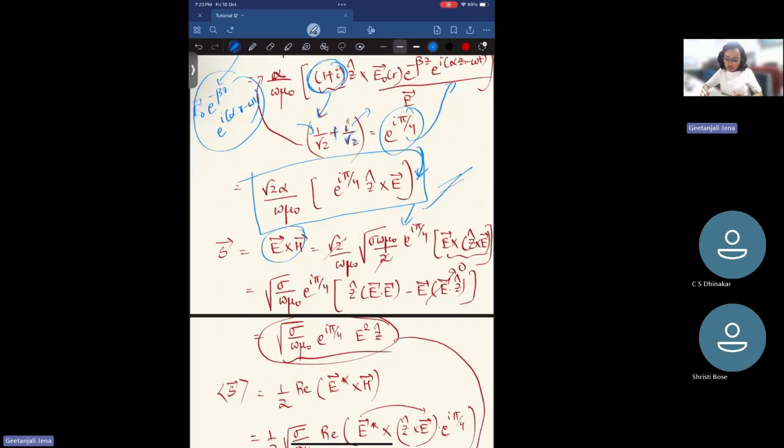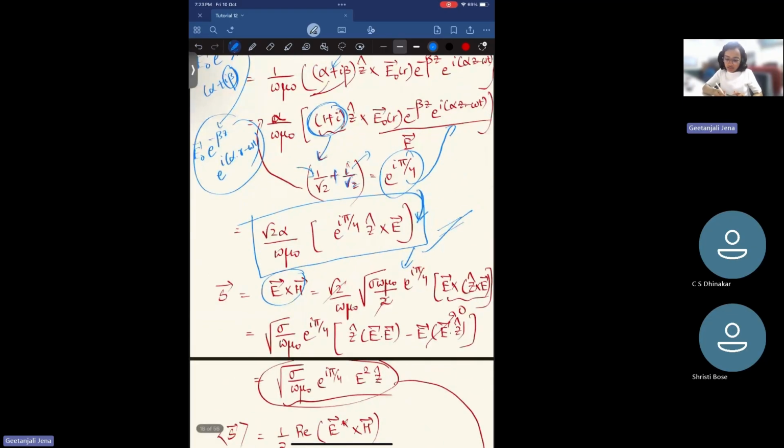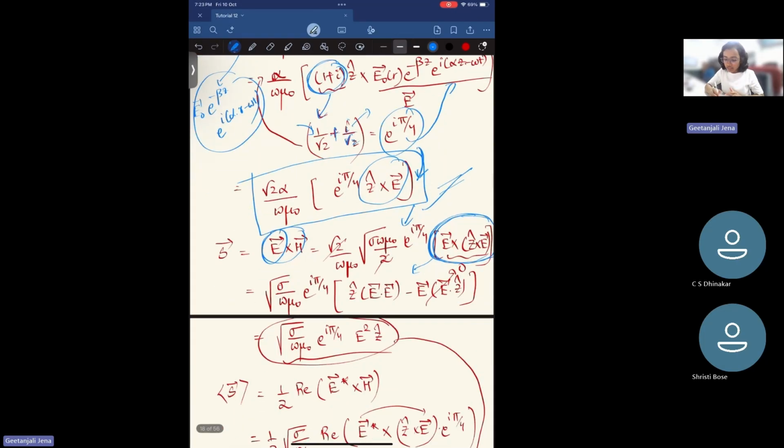So E cross H, where we keep E the same, and for the H part there is a z cross E. I have taken out whatever constants are there and combined the cross product towards the extreme side. So this is E cross (z cross E), and this is the vector identity when you have a triple cross product, so you can write it like this.